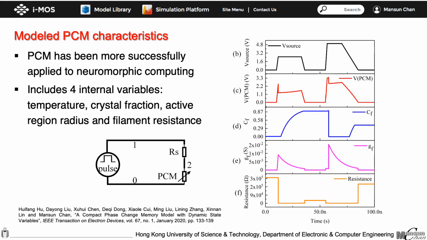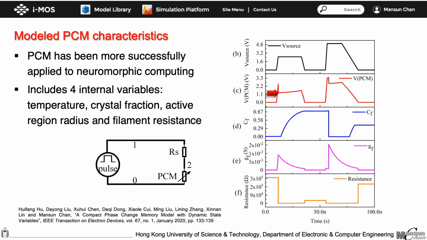The property of a PCM model developed in our earlier work is described here. Four internal state variables are used in the model, which are the cell temperature, the crystal fraction, the active region radius, and the filament resistance. The first graph shows the input set voltage and reset voltage at different times. The second graph shows the voltage across the PCM cell.